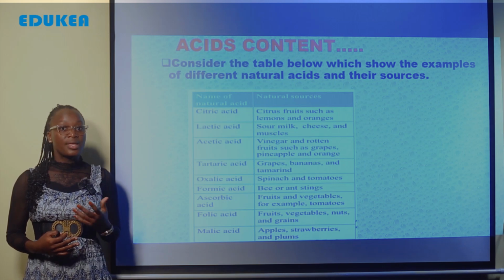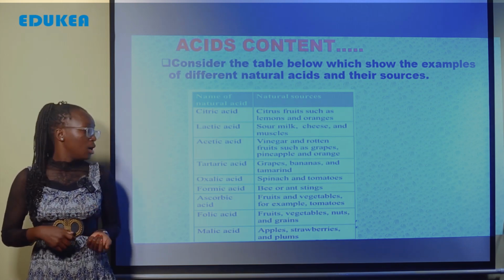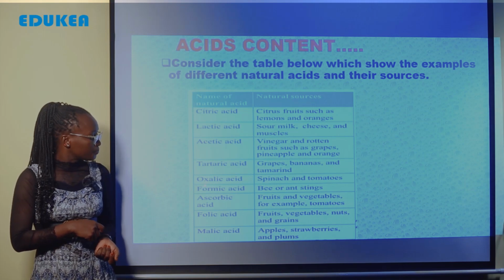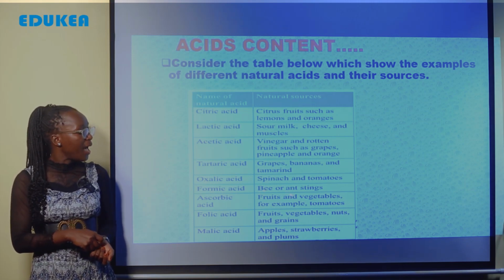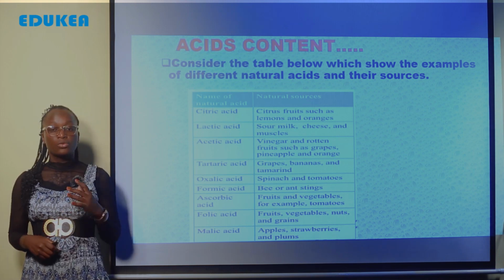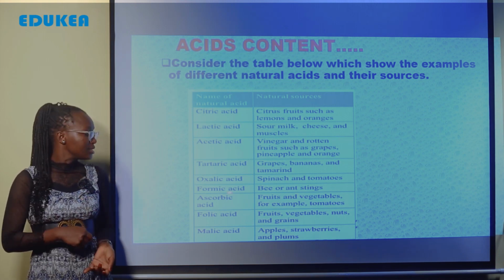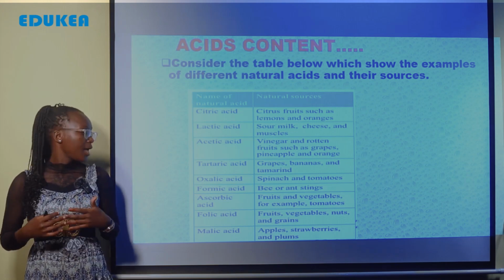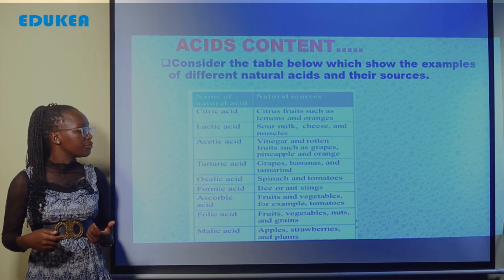So we have another, formic acid, where it is from bee or ant stings. Hii tunaona kwenye wadudu wale, nyuki wanakuwa wana contain this natural acid ambayo ni formic acid. Another is ascorbic acid. This is from fruits and vegetables, for example tomato.